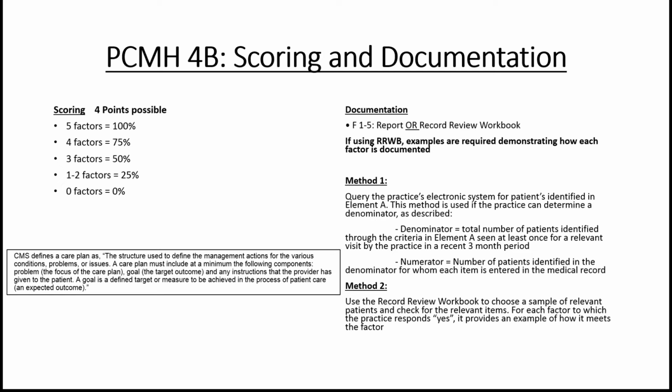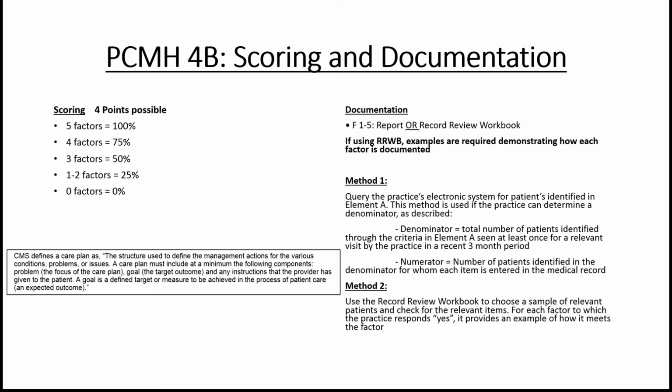So for all of those factors, the record review workbook is something that can be used if running a report to find where that information is within the medical record is difficult to do depending on where that's being reported. They provide this tool so that we could record things that way if that's easier.